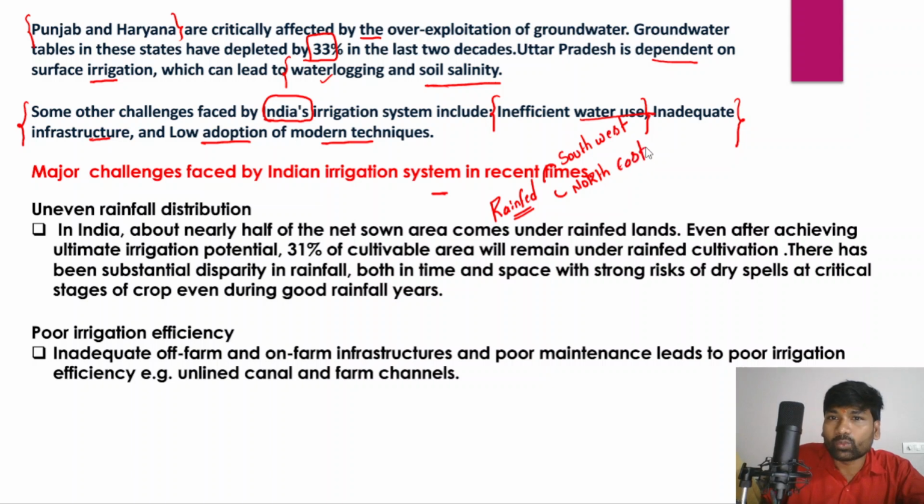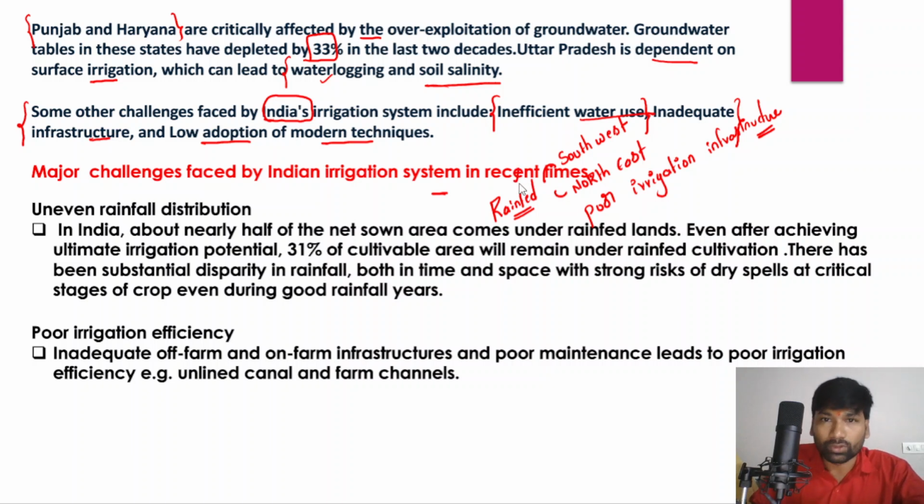And apart from that, we have poor irrigation infrastructure. Poor irrigation infrastructure essentially means that we do not have irrigation infrastructure independent of the rainfall. So if there is scarce rainfall, if there is a failure of the monsoon, either southwest monsoon or northeast monsoon, that would easily make farmers vulnerable, and that would even lead to crop failure as well.